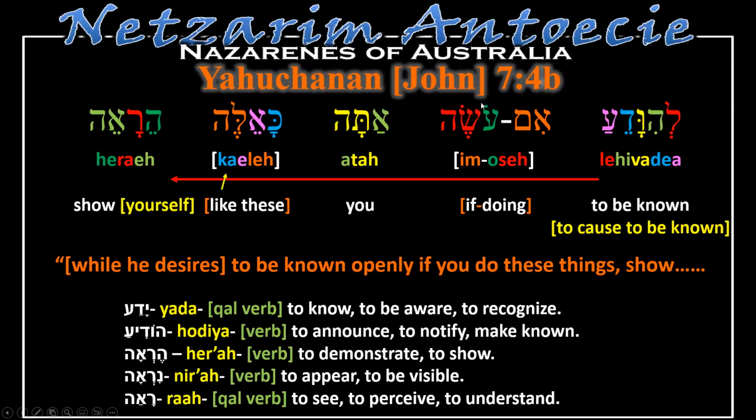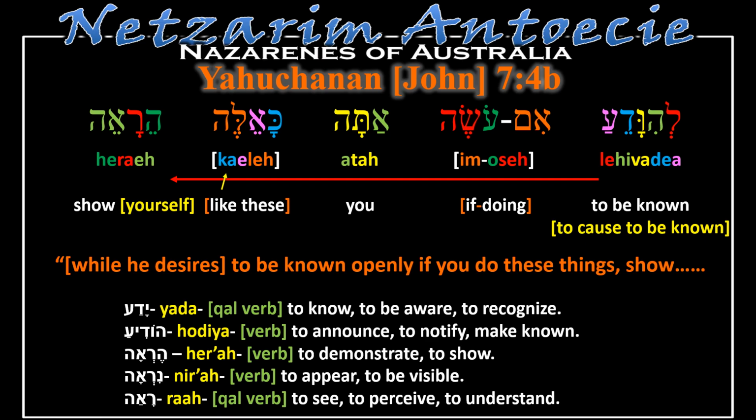And so we come to 4b. We have a lamed, a hey, a vav, dalet, ayin, aleph, mem sofit, ayin, sin, hey, aleph, tav, hey, kaf, aleph, lamed, hey, hey, resh, aleph, hey. And we read it. Lehivada, lehivada, to be known. And it's like what we call causative action, to cause to be known.